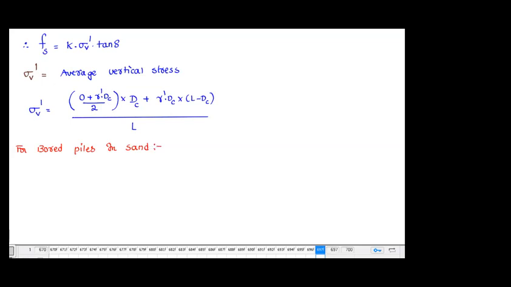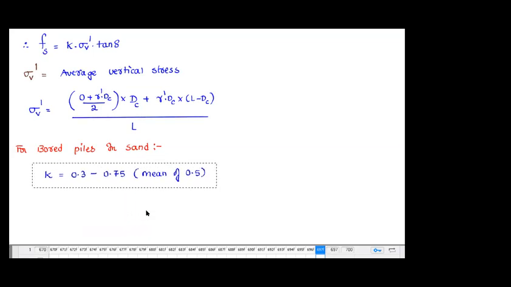In the case of bored piles in sand, the K value varies from 0.3 to 0.75, with a mean of 0.5.